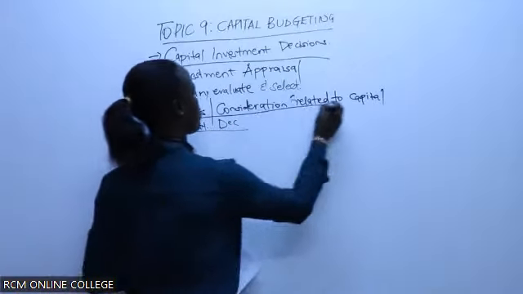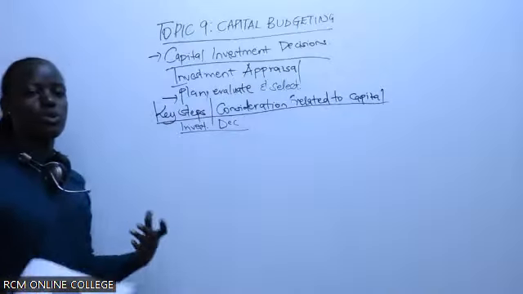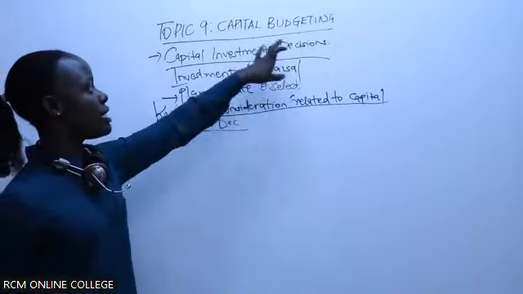What are the key steps or considerations that are related to this? What are the various aspects that you should consider when looking at capital budgeting?